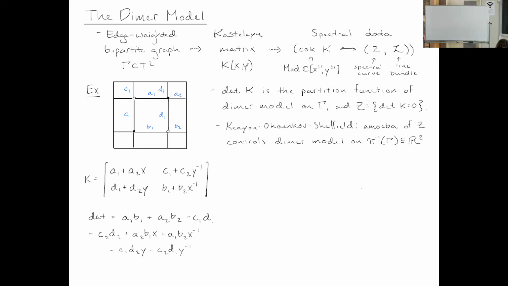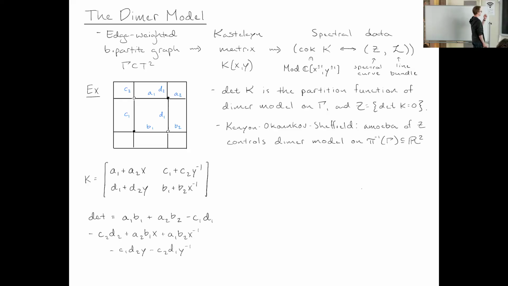In actual statistical mechanics, these would be real edge weights, and they would correspond to some probabilities that a given edge would be in a perfect matching. A perfect matching is a subset of the edges such that every vertex is at the end of exactly one edge. And I'm going to assume that the graph is bipartite, so I can color its vertices white and black such that any edge connects one black vertex to one white vertex.